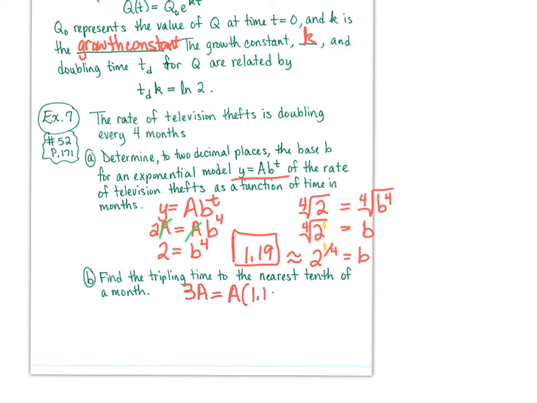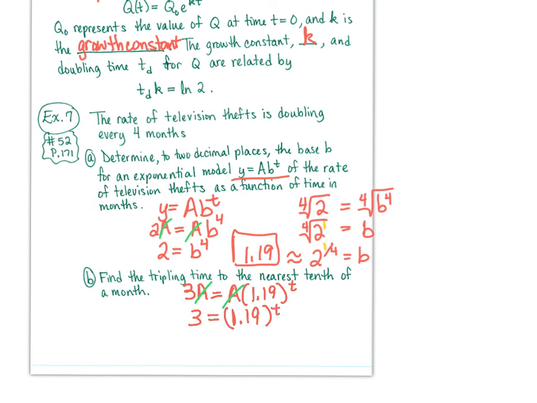B was 1.19 raised to the t. We're finding the tripling time, which means we're finding t using our model we came up with in part A. So our a's cancel because we can divide both sides by a, and that gives us 3 is equal to 1.19 raised to the t.